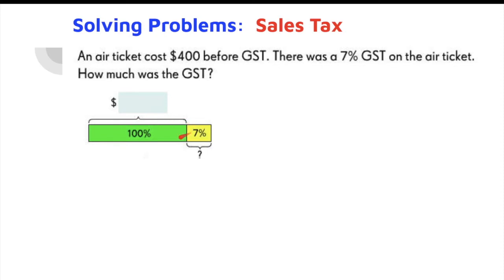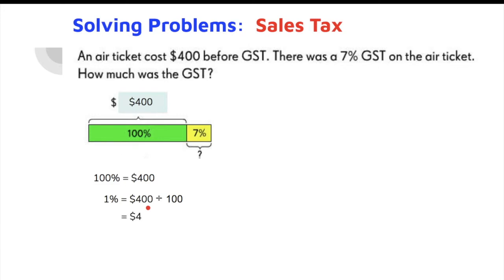Now, in this bar model, the green portion or 100% is equivalent to $400. And our task is to find out what is 7% of that amount. So to begin with, let's represent 100%, which is equal to $400. And to get 1%, we just need to divide $400 by 100.